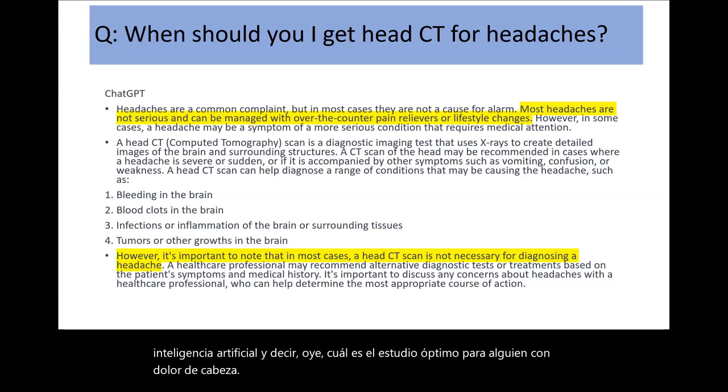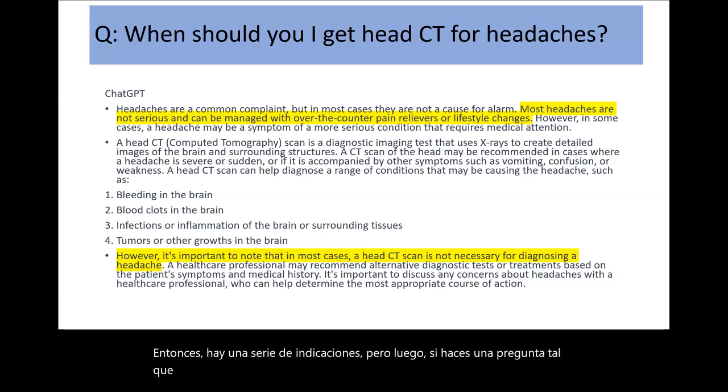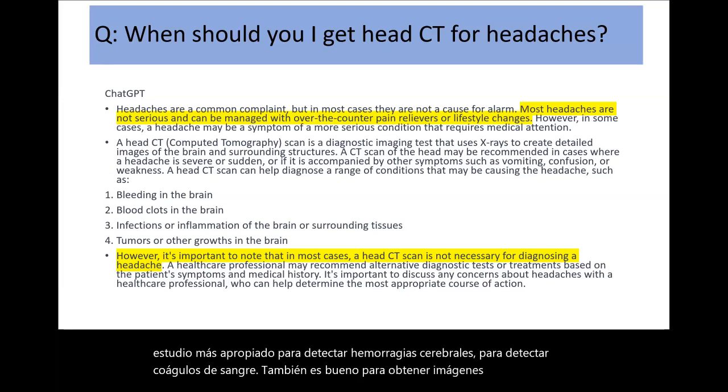There are a number of indications, but if you ask a question such as that to ChatGPT, it will blurt out all the pertinent information. It will tell you that it's the most appropriate study for detecting brain hemorrhage, for detecting blood clots. It's also a good study for imaging brain infections, and so on and so forth.